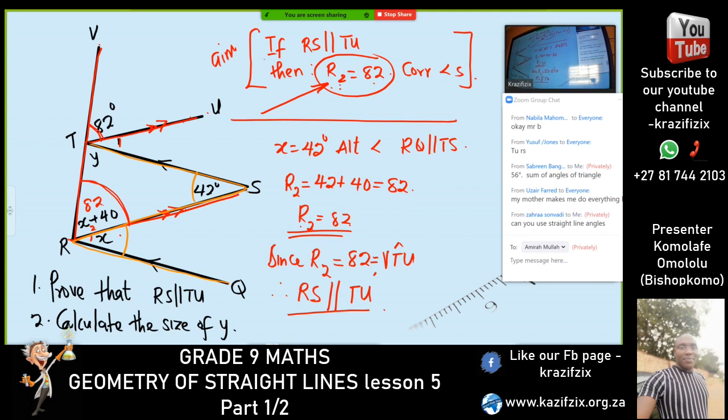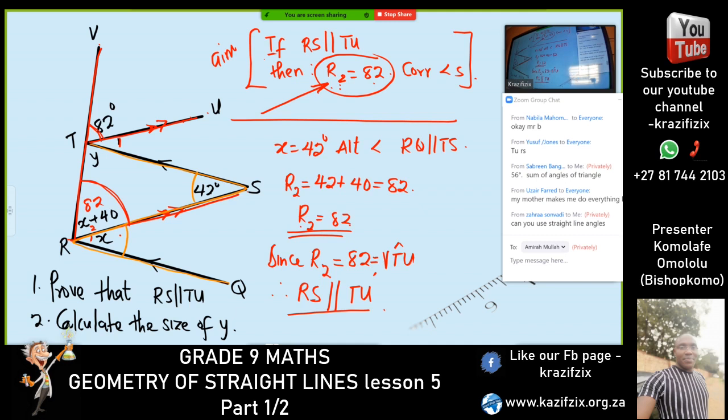Zara, can you use straight line angles? Yes, but you need to find T1 first. You need to find T1 first before you can use it. I think Nabila also said straight line. We said we use the reason adjacent supplementary angles.